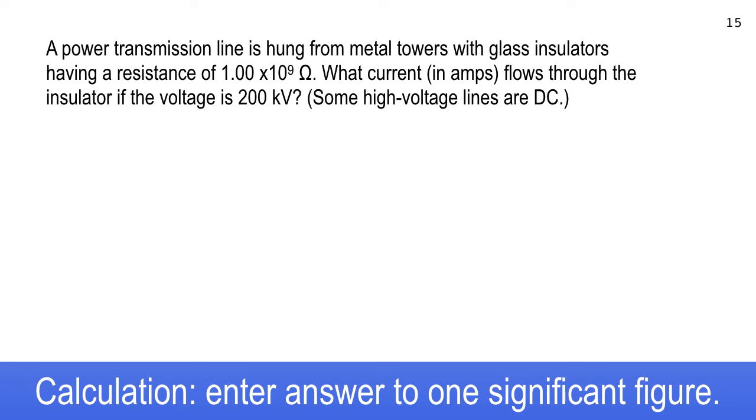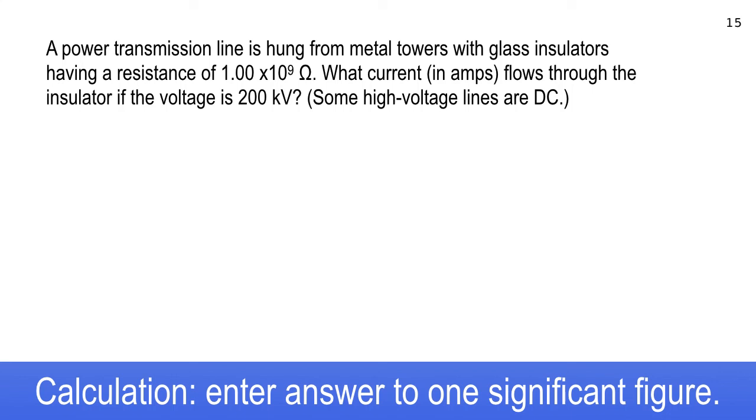So that's 200 times 10 to the 3 volts divided by 1 times 10 to the 9. So I'll just write 10 to the 9 ohms. All right, so the result is going to be amperes of current.